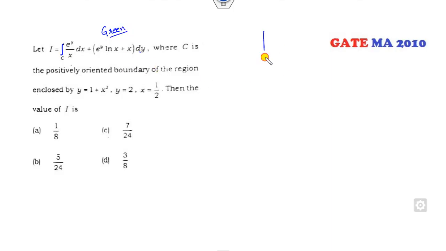I can draw the region firstly. y is equal to 1 plus x square. So when x is equal to 0, y is 1, and this is the graph of y is equal to 1 plus x square. y is equal to 2. This is the line y is equal to 2. So this coordinate, when y is equal to 2, is my 1 comma 2. Then x is equal to half.